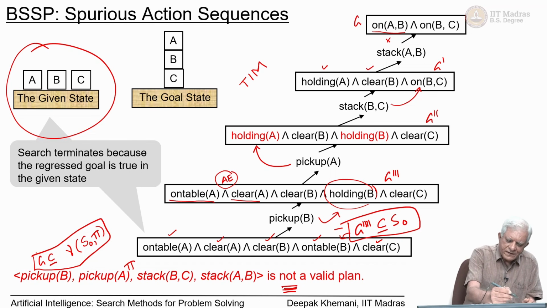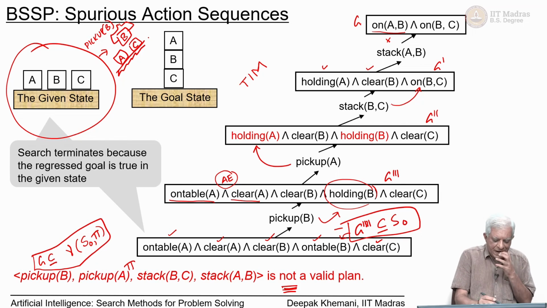What will happen when you do the first action? When we progress from here after pick up B, what is the world going to look like? B is going to be held by this robot, and A will be on the table and C will be on the table.